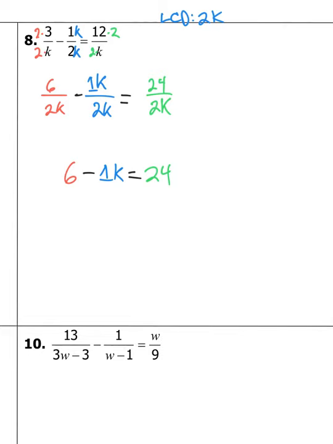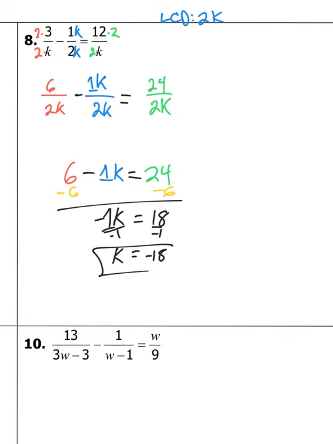Now if I solve this equation, dividing by -1 on both sides, I get k equals -18. Let's go back and make sure that this is true. 3 over -18 minus 1/2 equals 12 over -18.